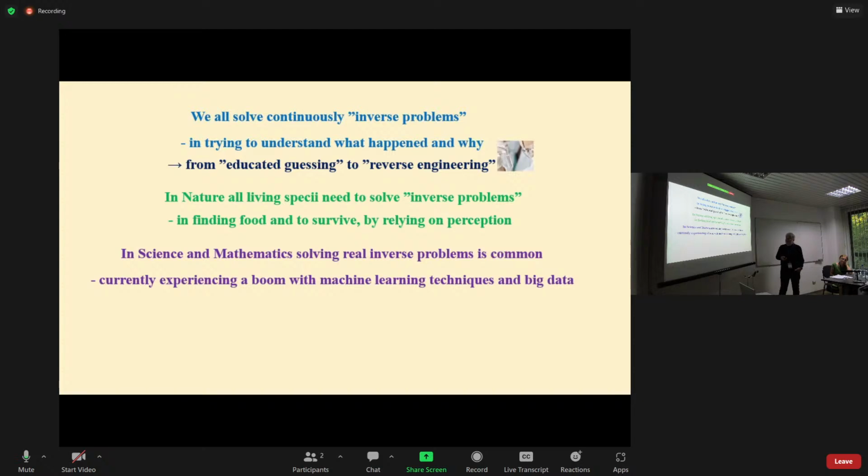In science and mathematics, solving real inverse problems is common. There are scientific journals for this purpose. And currently it has become a kind of hot topic because it's boosted very much by machine learning and big data.